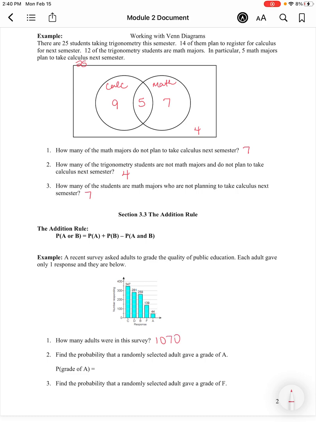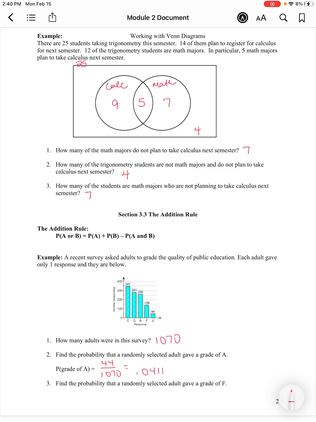The probability that a randomly selected adult gave a grade of A. So that would be 44 out of the 1,070, which is 0.0411.